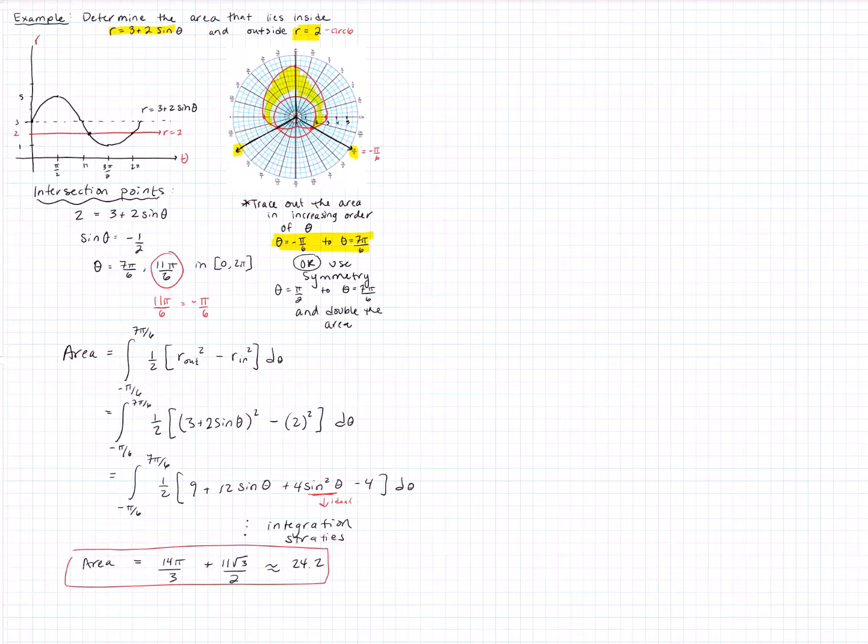So if we instead wanted this little piece of area down in the bottom, the intersection points are the same, but we would go from 7 pi over 6 to 11 pi over 6, and we would flip the order of the two radii. The outer radius would become the circle, and the inner radius would become the cardioid. So these are kind of fun to think about, how we work in a circular area here and follow these through.